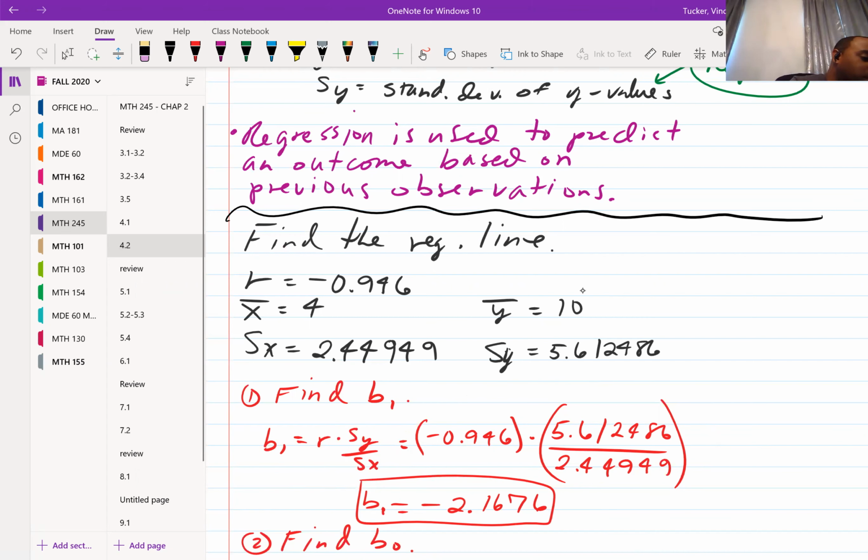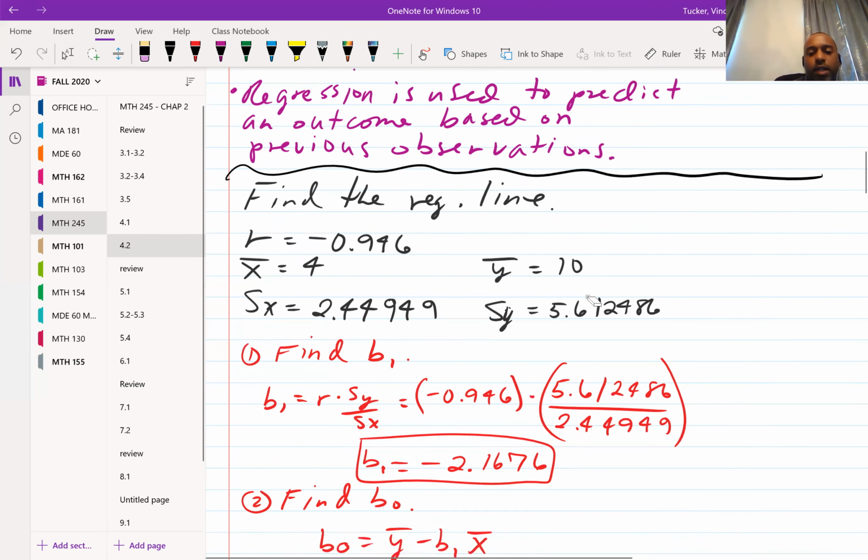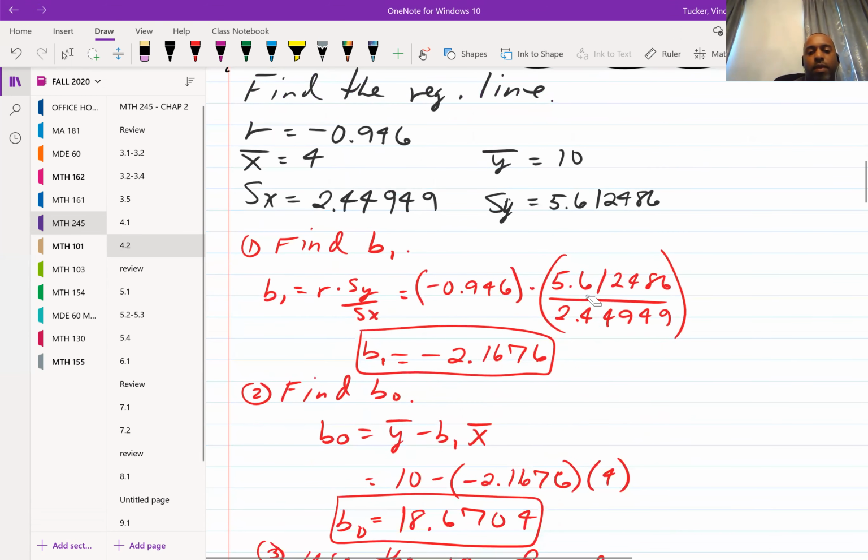So, of course, make sure you have a calculator that's dependable. Don't want to have to do this by hand. All right. Any questions on B1? All right. B0 is Y bar minus B1 times X bar.